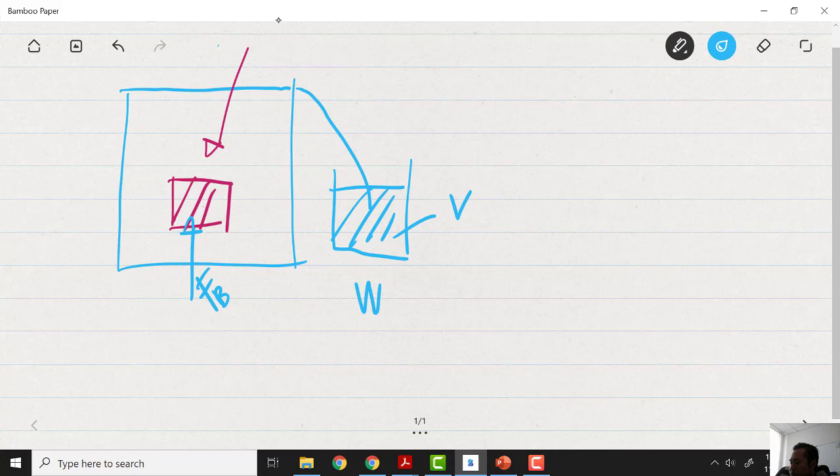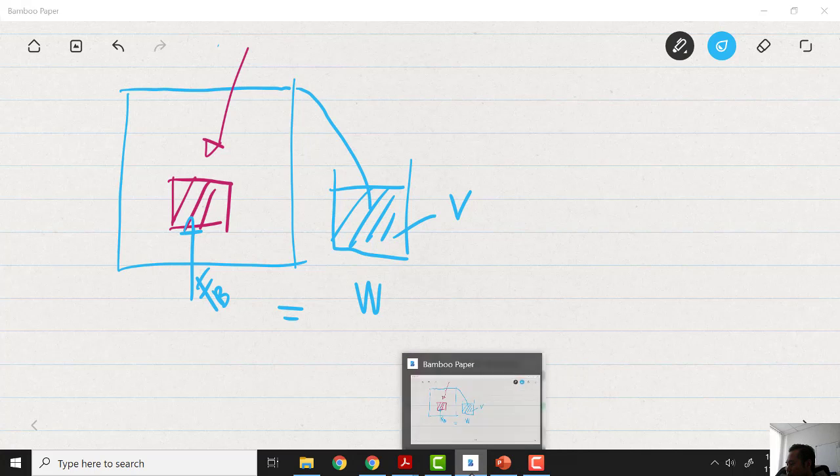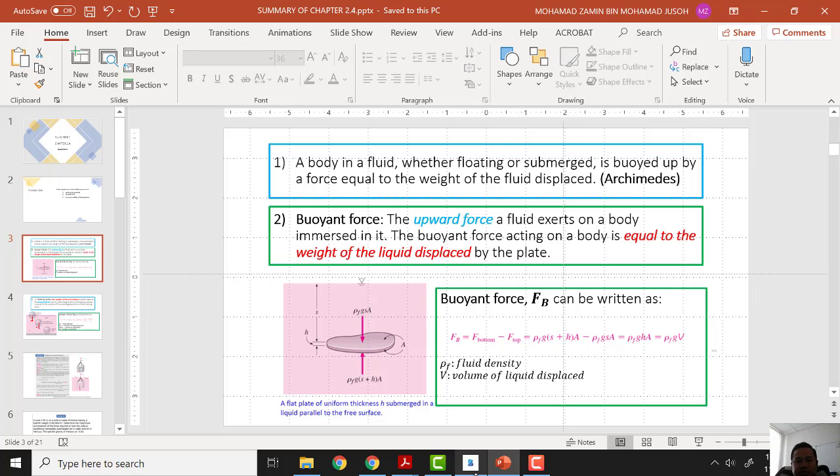It is equal to the weight of the water displaced from the tank. So what is buoyant force? Buoyant force is the upward force of a fluid exerted on a body immersed in it. The buoyant force acting on the body is equal to the weight of the fluid displaced by the body.